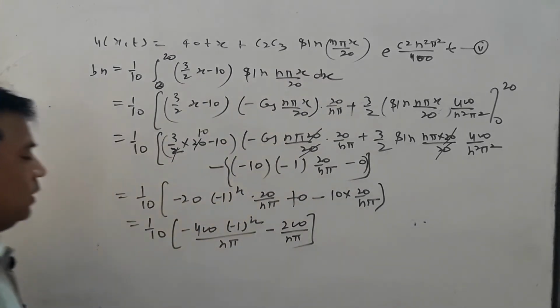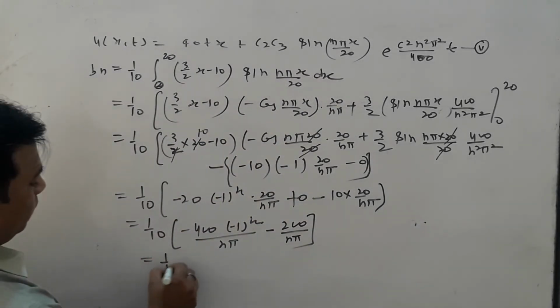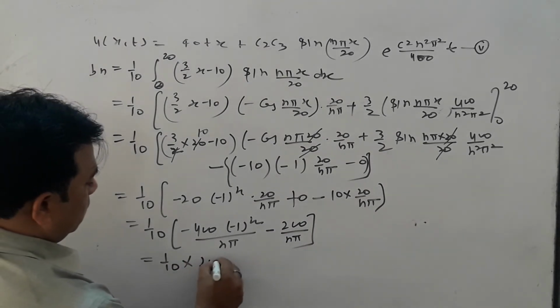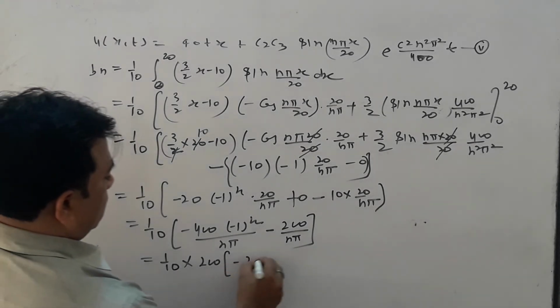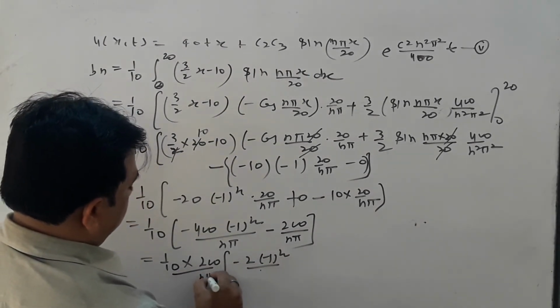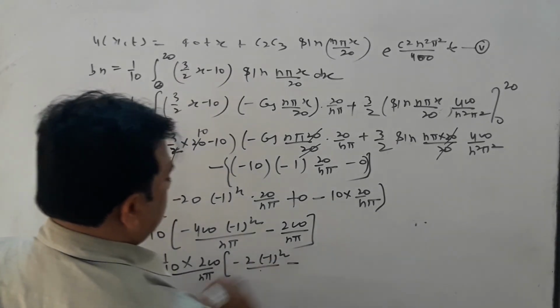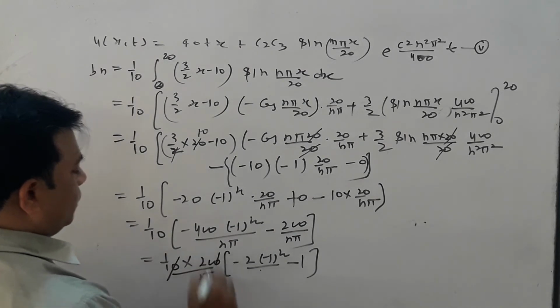Again we take common 1 by 10 into 200, 2 minus 1 to the power n upon n pi, taking minus 1 outside, so cancel out this.